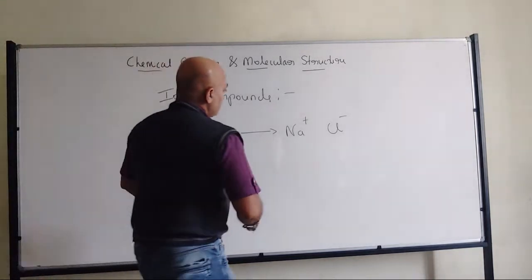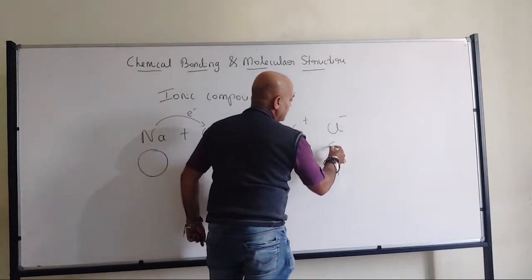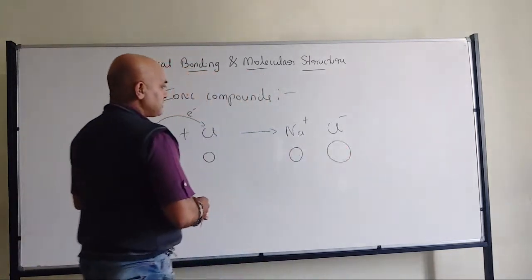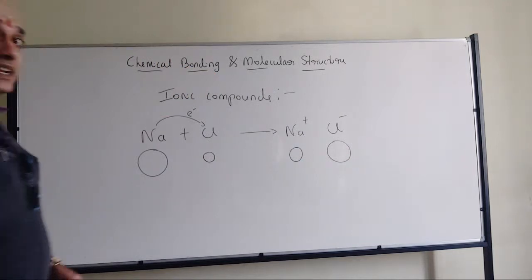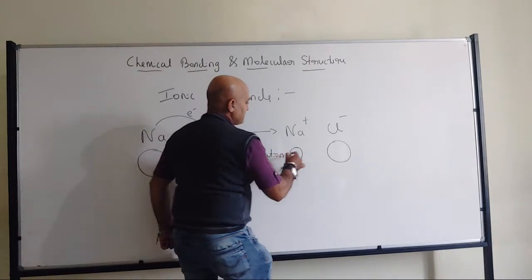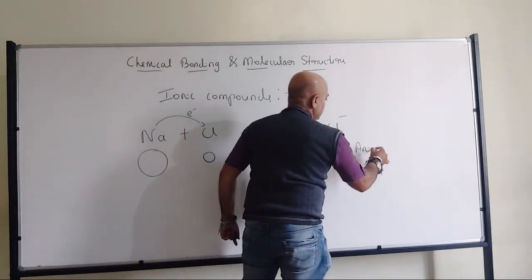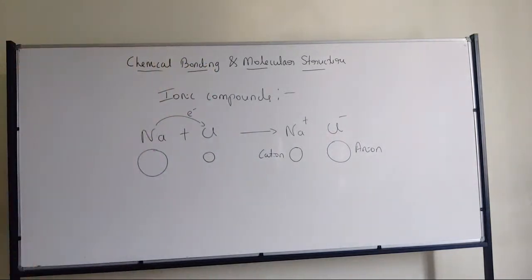Now, once sodium has donated the electron, it has become smaller. Since chlorine has taken the electron, it will become larger. All these things we have already discussed. So that's where we have the cation and the anion. Chloride is an anion, Na plus is a cation.